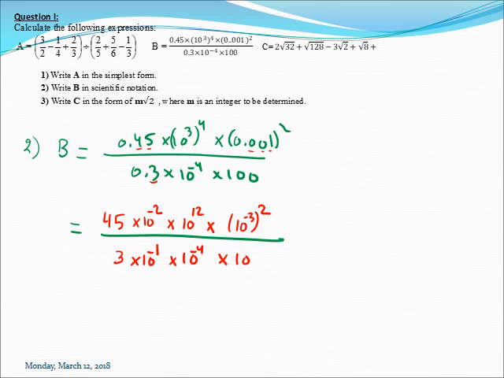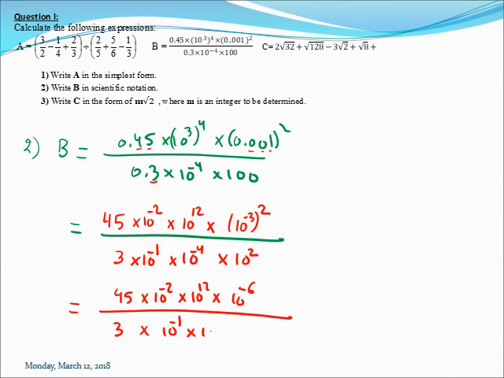100 is equal to 10 power 2. So it equals 45 times 10 power minus 2, 10 power 12, times 10 power minus 3 times 2, minus 6, over 3 times 10 power minus 1, 10 power minus 4, 10 power 2.